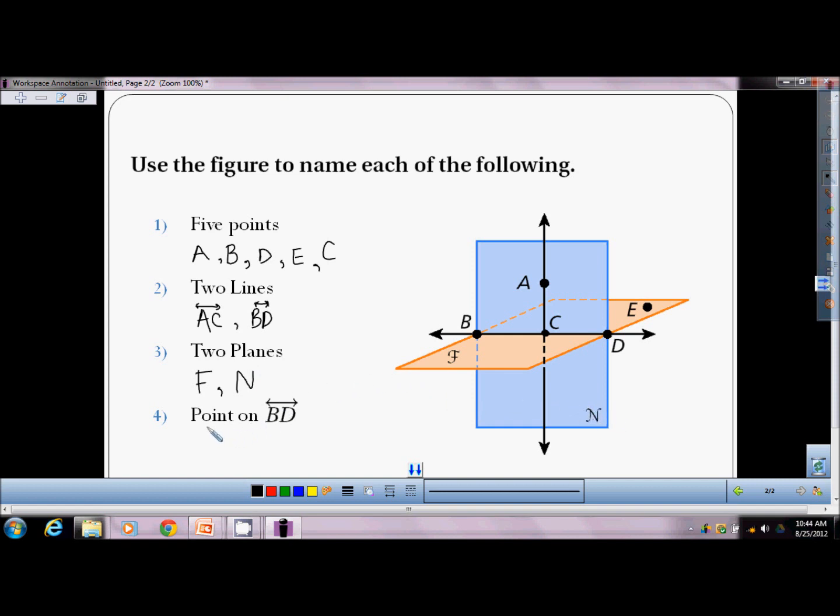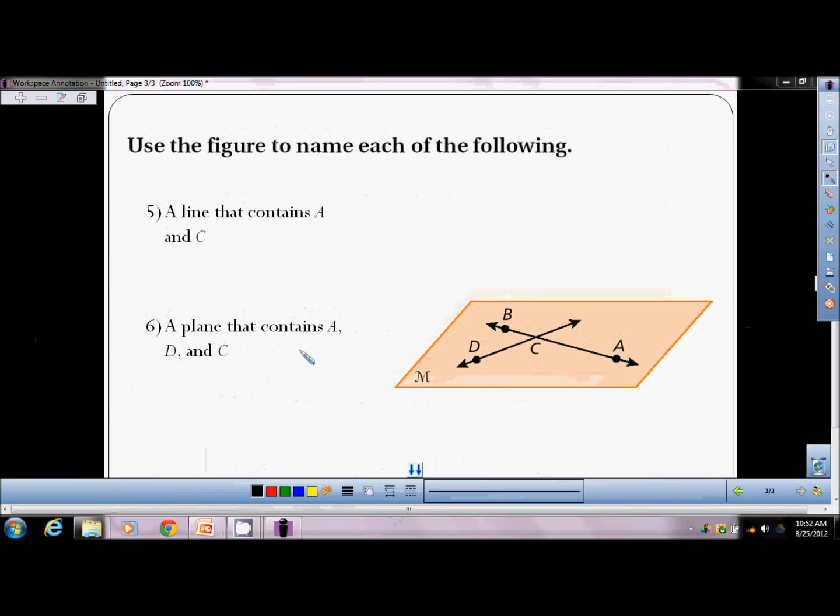For the 4th one, name a point on line BD. Well, here's line BD. There's 3 points on him. I can choose point B, point C, or point D. It doesn't matter. It just wants 1 point. So I'm going to choose point C.